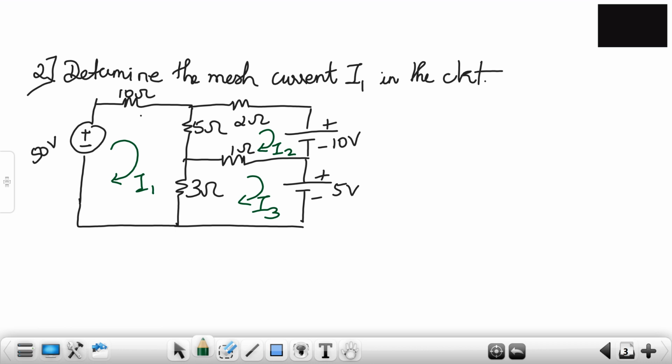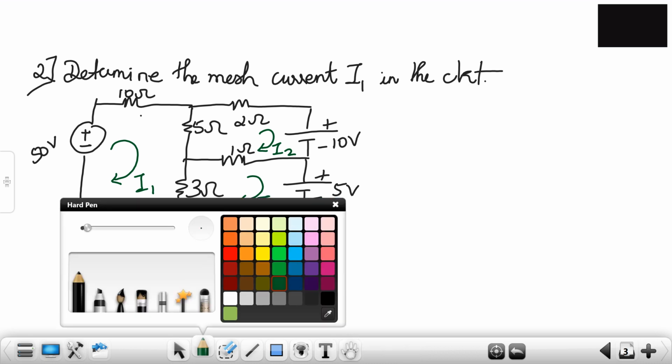So let's start. This is loop 1, loop 2 and loop 3. Let's start with loop 1.